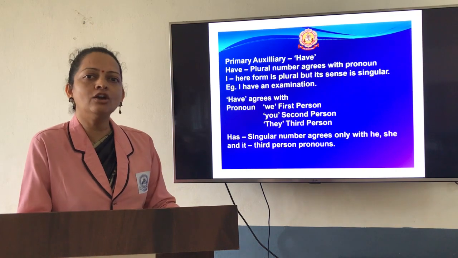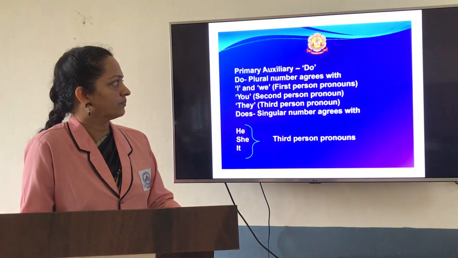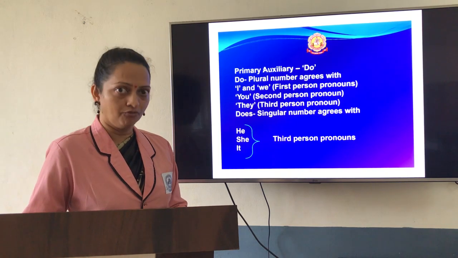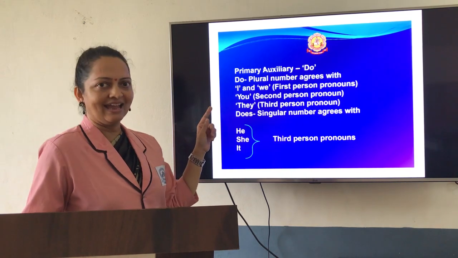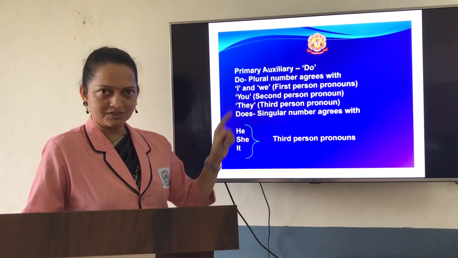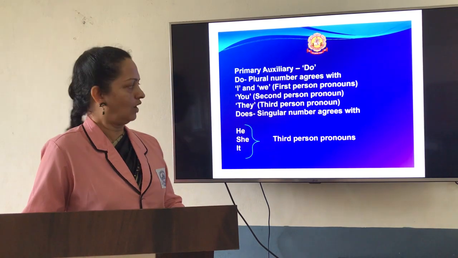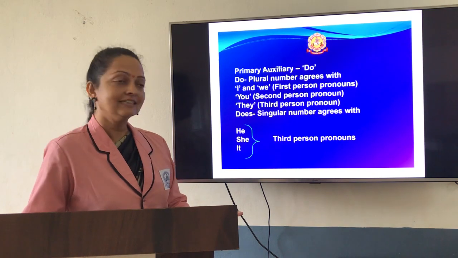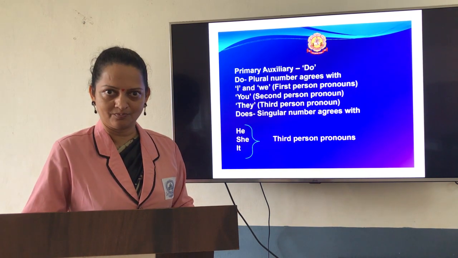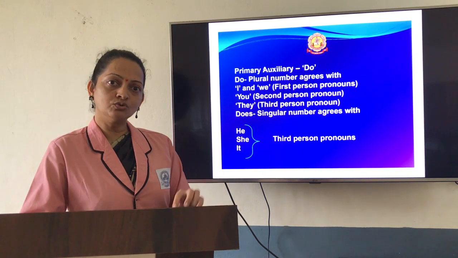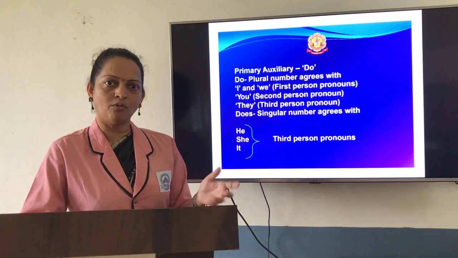Next is primary auxiliary do. Do is a plural verb which agrees with I and we, the first person pronouns. It agrees with you, the second person pronoun, and with they, the third person pronoun. Normally we use do for questioning also, when you form questions.